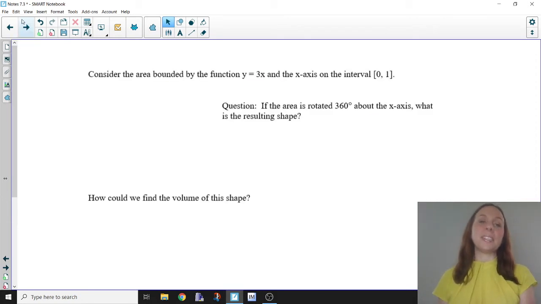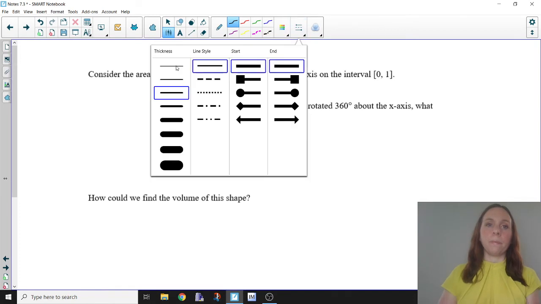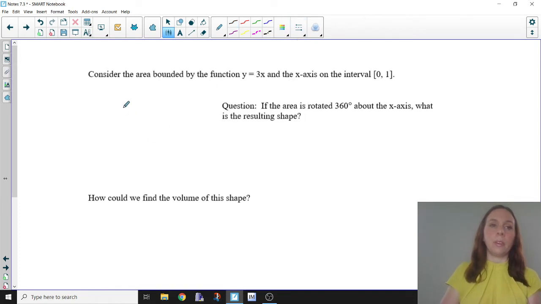Okay, so let's start with a simple example. Consider the area bounded by the function y equals 3x and the x-axis on the interval from 0 to 1. So let's take a moment and draw that. Okay, so we are looking at y equals 3x.